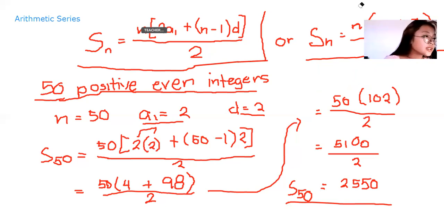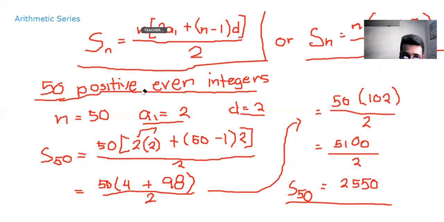Opo. Sir, yung first term po hindi na po nababago, laging 2? So, depende sa given. Okay? Pero kung ang given naman is first positive even integer, siyempre, sino bang kauna-unahan sa even integers? Diba laging si 2 ang kauna-unahan?